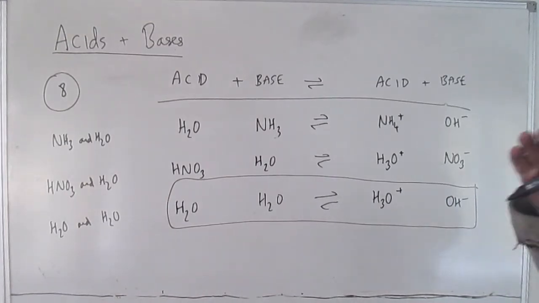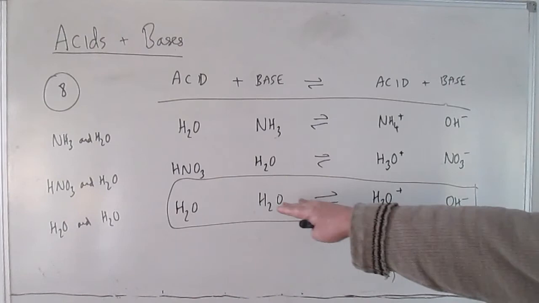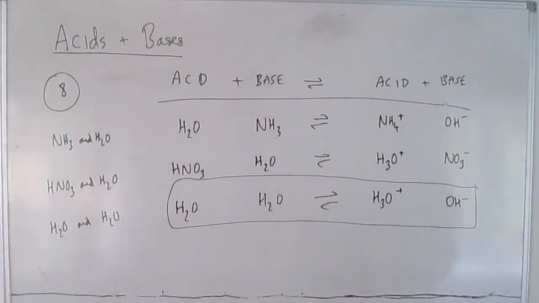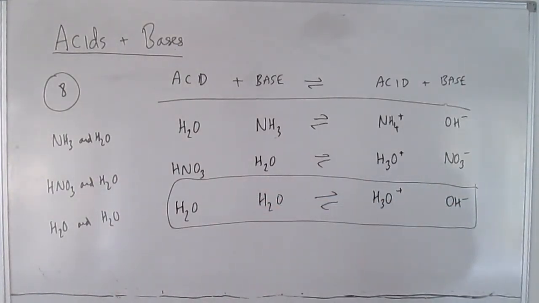Conductivity, remember, arises from ions dissolved in the water, and if this reaction happened a lot, you'd have quite a high conductivity because you'd have all these ions floating around. In reality it's really quite low, which tells you that this equilibrium lies far over in this direction.